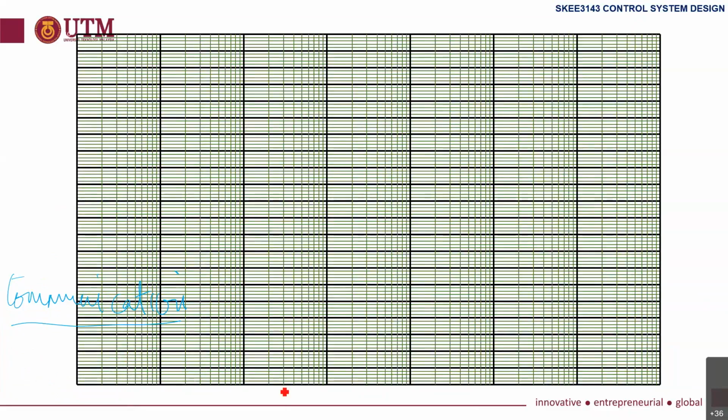Okay, if not, please be familiarized with this graph. If you want to buy this graph, you can go to a stationery shop. Ask for a semi-log graph. Remember, here is a log scale, so you have to familiarize with this: if this is 1, then 0.1, here is 10. Then how to read the scale.